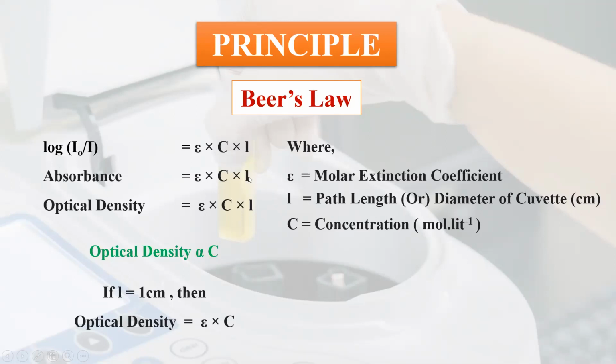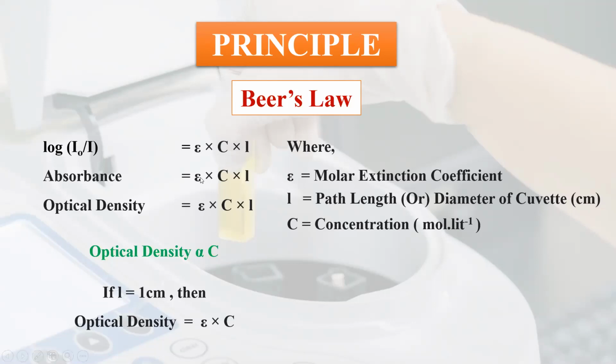If you remove the proportionality, then we can introduce a constant, that is nothing but what we call epsilon. Therefore epsilon is what we call the molar extinction coefficient. This is a constant.